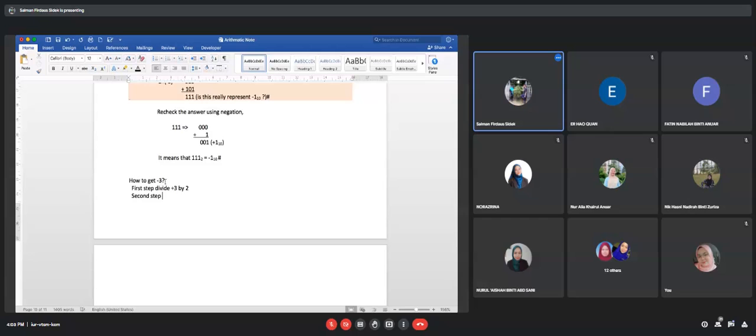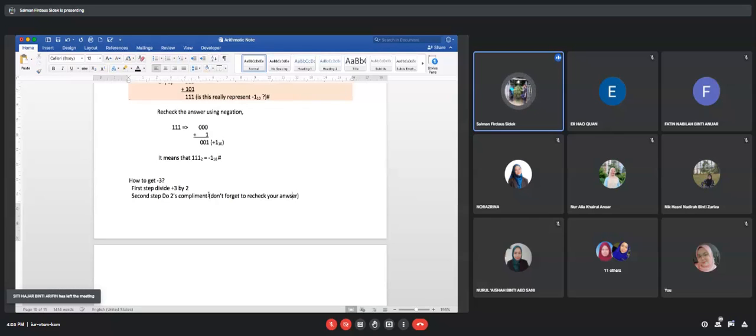Next step, do two's complement. That's all. And then recheck the answer. Don't forget to recheck. Always recheck the answer. We don't know whether the answer is correct or wrong.